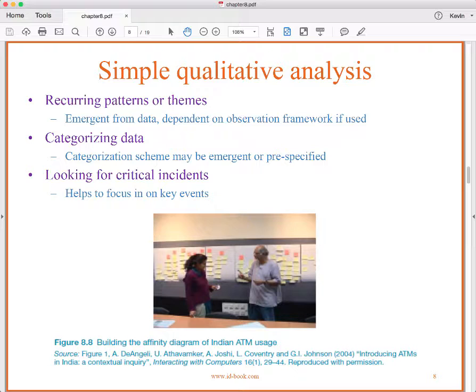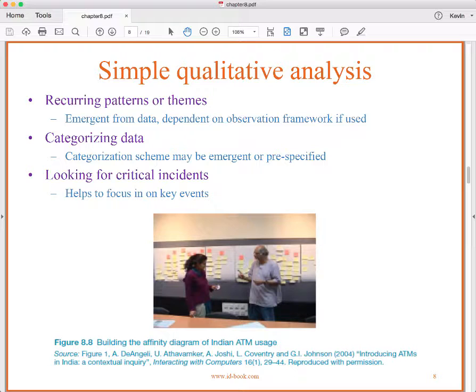So, in simple qualitative analysis, we might be looking for recurring patterns or themes. Okay, so we want to look at the data, and we're hoping that some kind of pattern or theme is going to emerge from the data. It might be dependent upon the observation framework that we used.